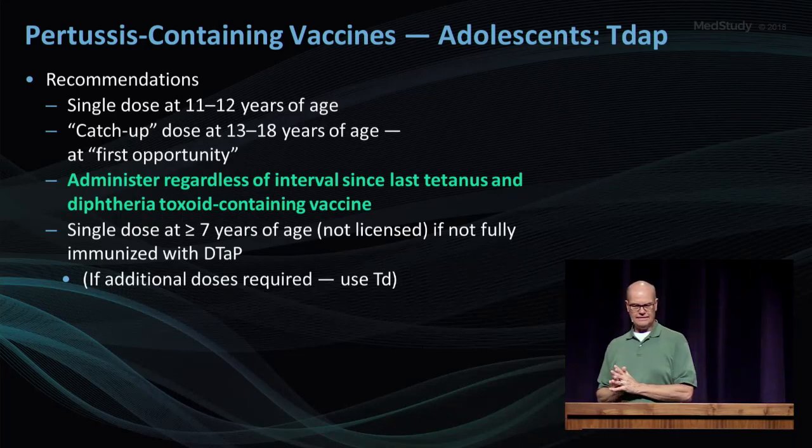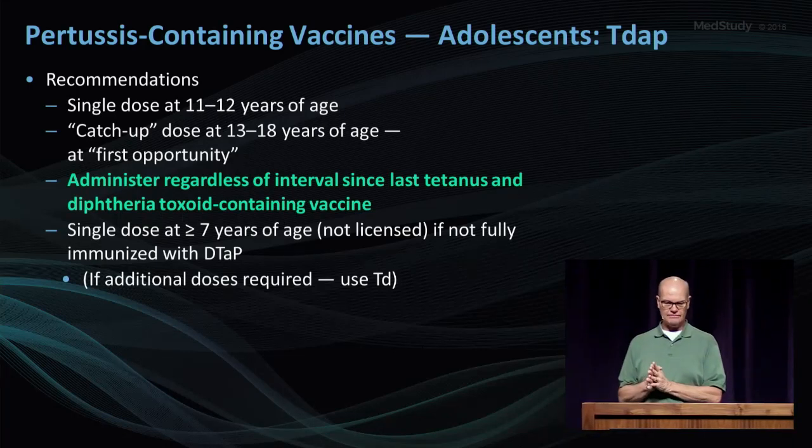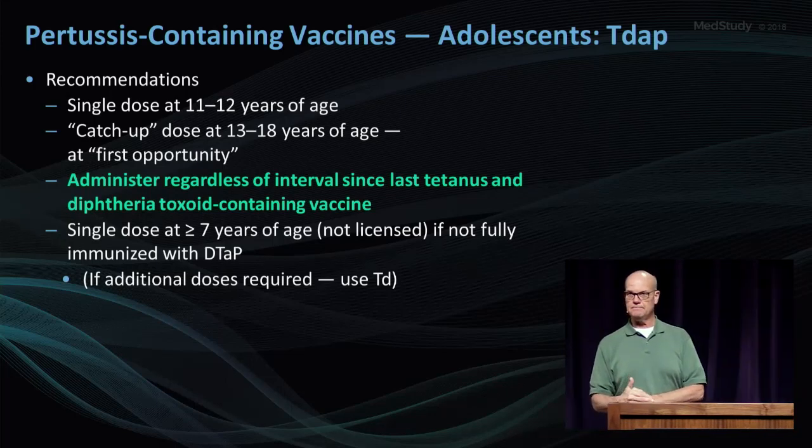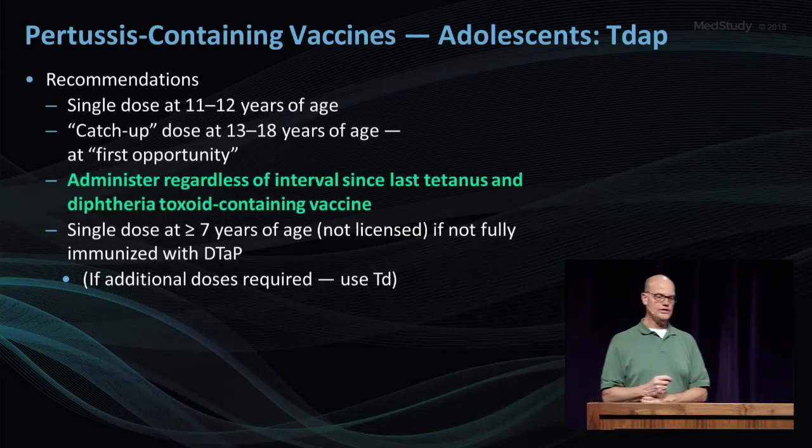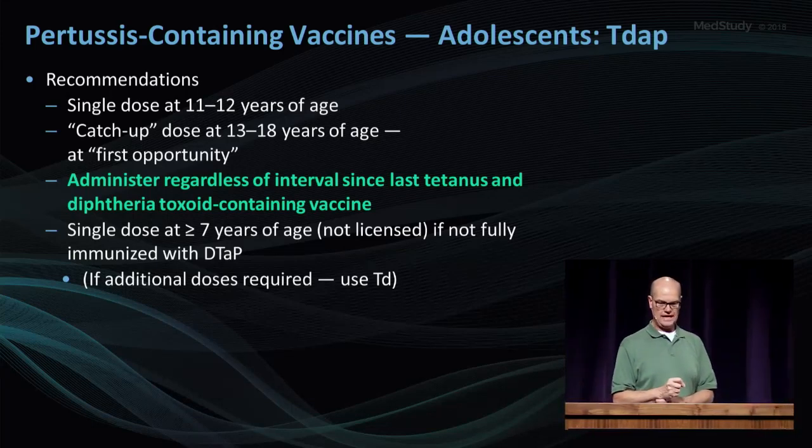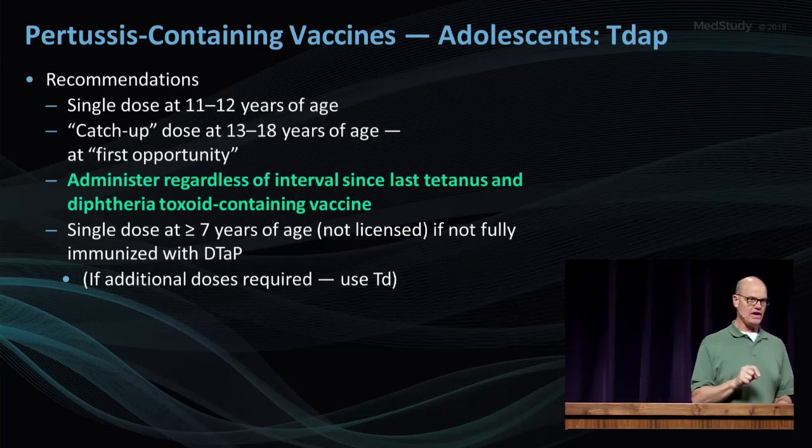Also, keep in mind that if a child who is 7 has not yet been fully immunized with 5 doses of DTaP, you can give 1 dose of Tdap to that child as young as 7 years of age.